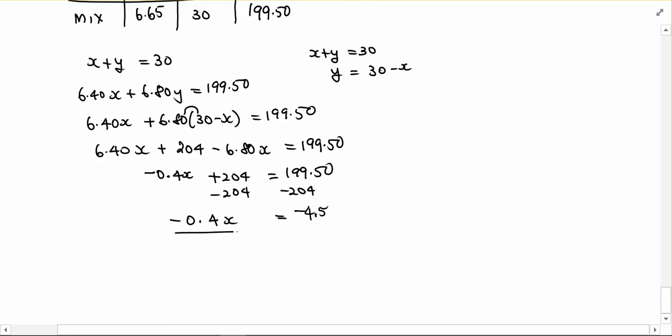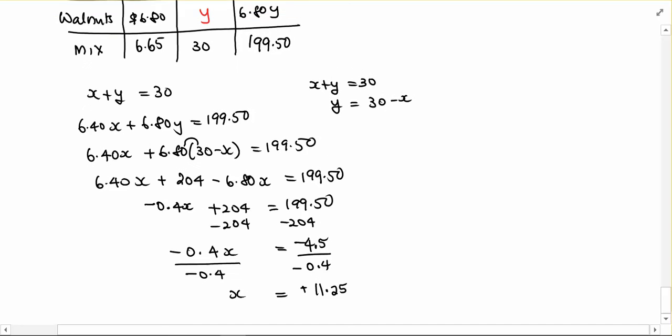So divide both sides by negative 0.4, and negative over negative is positive, so 4.5 divided by 0.4, I get 11.25.